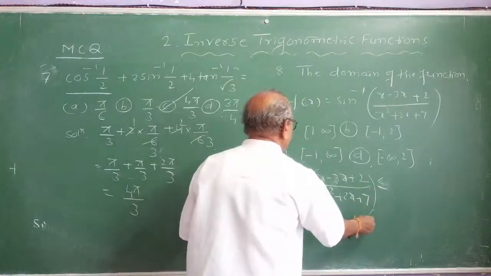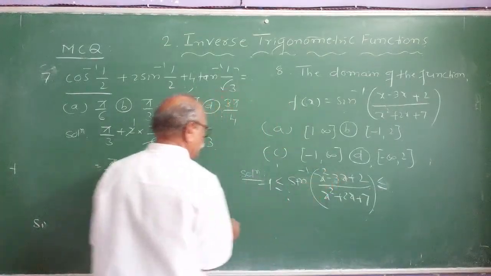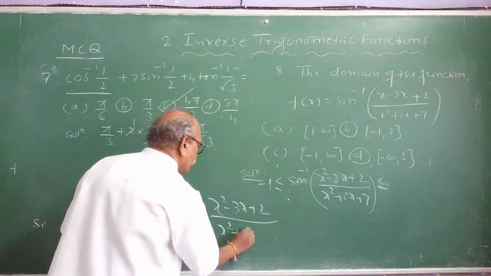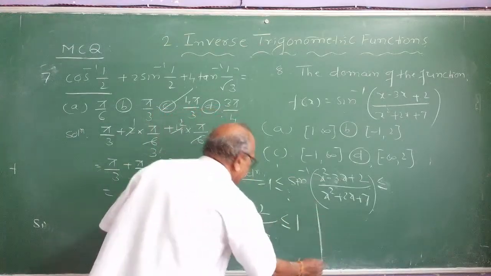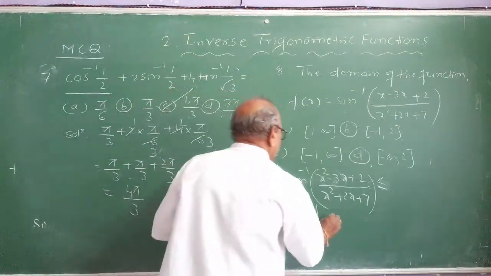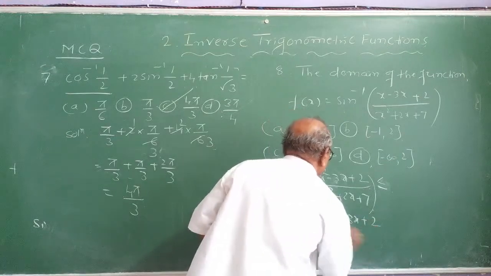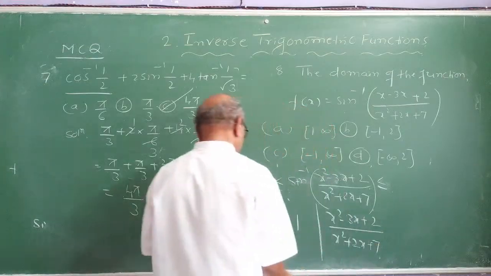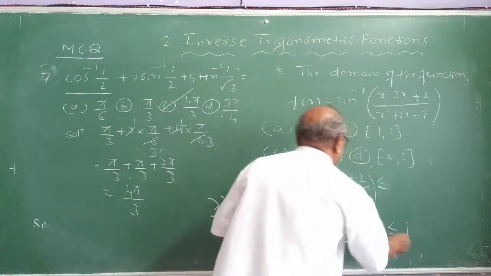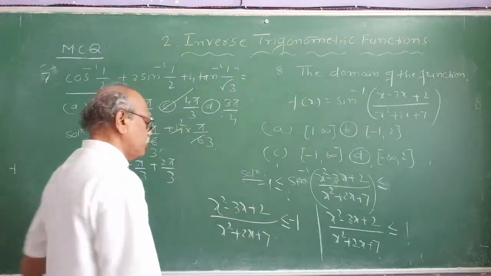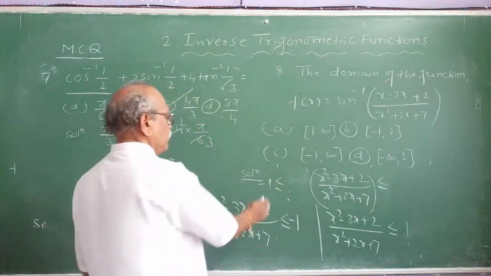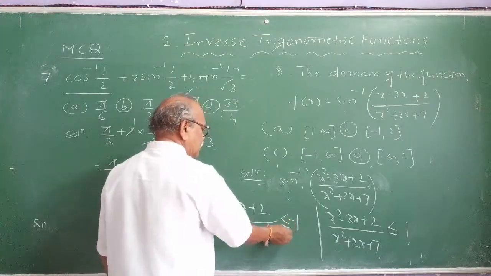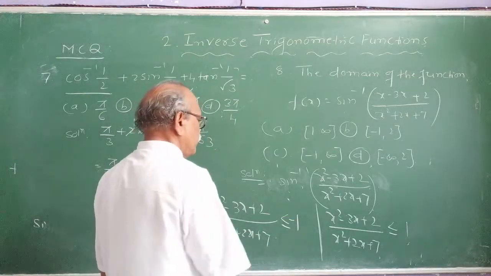This sine inverse argument will lie between -1 and +1, which means x square minus 3x plus 2 divided by x square plus 2x plus 7 is greater than or equal to -1, and less than or equal to 1.